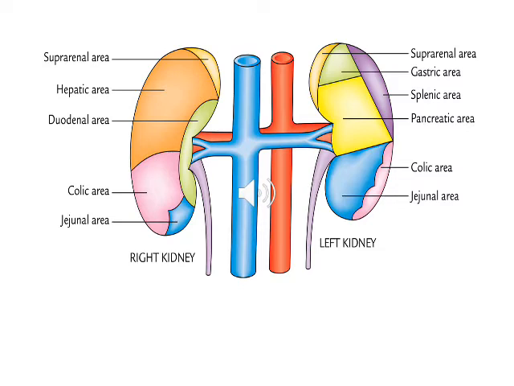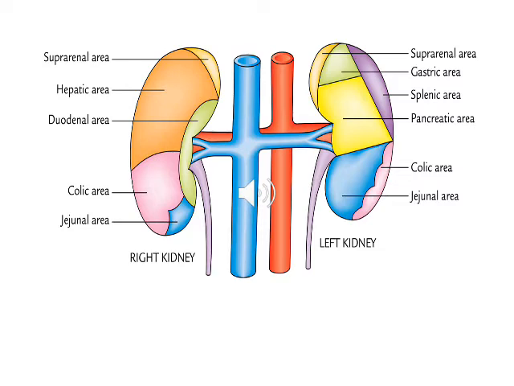It is related to the ascending colon. The green colored area is the duodenal area. It is related to the second part of the duodenum. The blue area is the jejunal area. And the yellow colored upper area is occupied by the suprarenal gland, so it is called the suprarenal area.